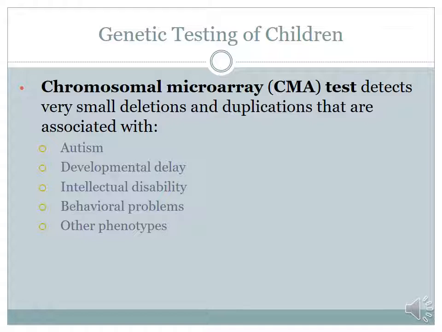If a parent has the deletion or duplication and is healthy, then it's considered harmless. Finding a deletion or duplication that a parent does not also have might be comforting because it may explain the child's problems, although it wouldn't necessarily change the treatment.